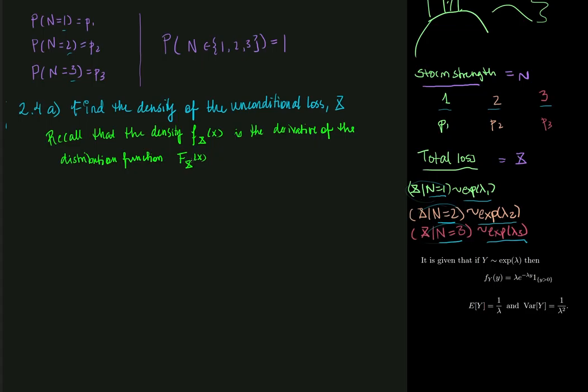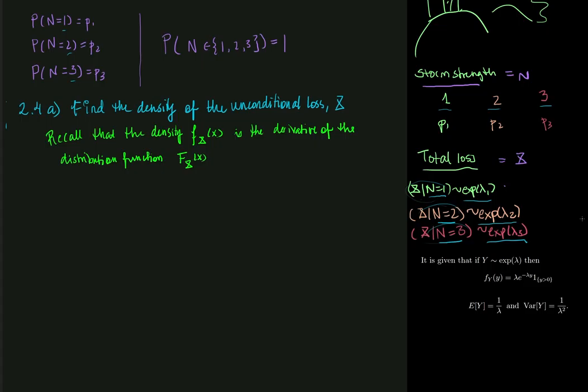Now, just before we really get started, let's take a look at this intuitively. Intuitively, we know that the storm can be of 3 different strengths with probability P1 and P2 and P3 respectively. And in each of these cases, X will have different distributions. So we can already now kind of expect that the distribution function of X is just P1 multiplied by the distribution function in the first case, plus P2 multiplied by the distribution function in the second case, plus P3 multiplied by the distribution function in the third case, right?